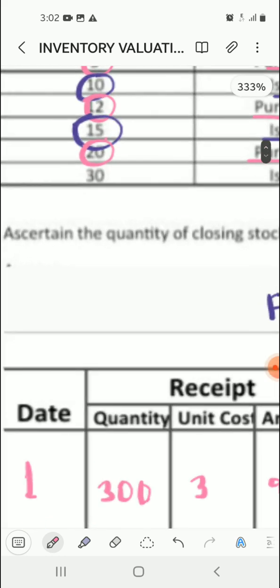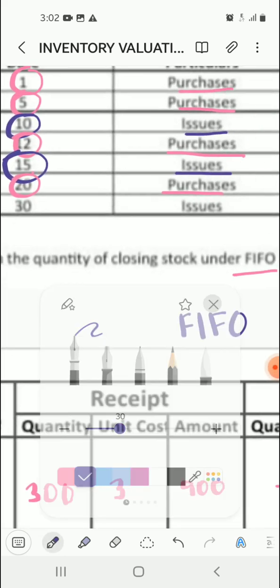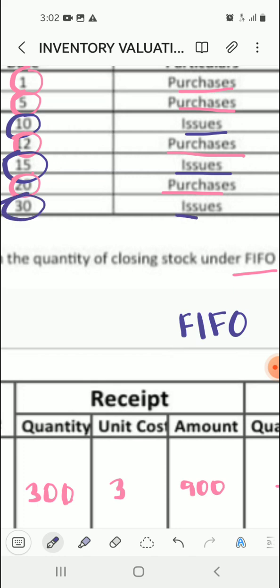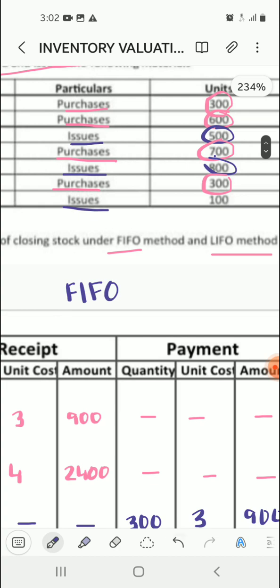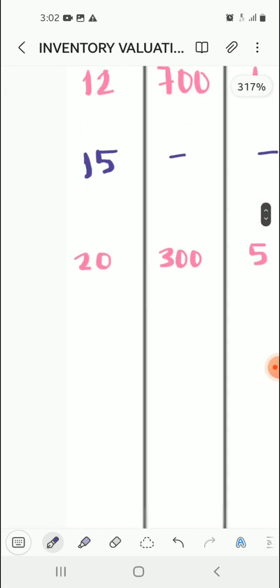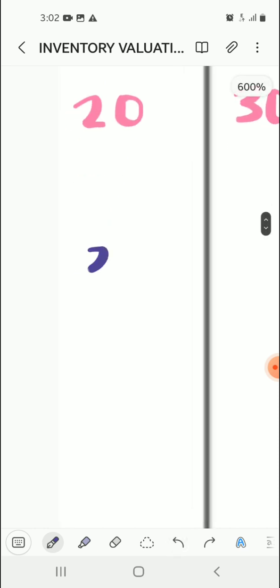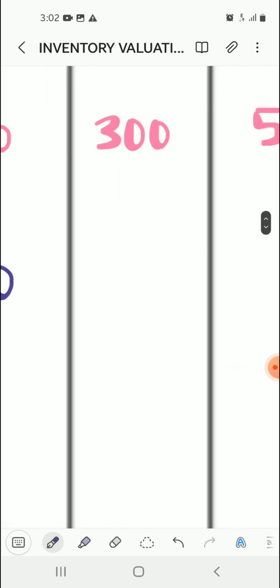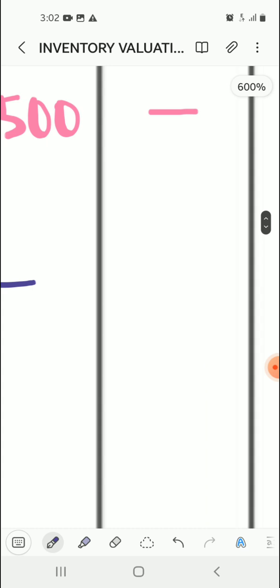See, we've got the next date, that is 30. Now issues were made on 30th. So on 30th there were issues made of 100 units only. So date is 30, no purchases made, issue of 100 units.